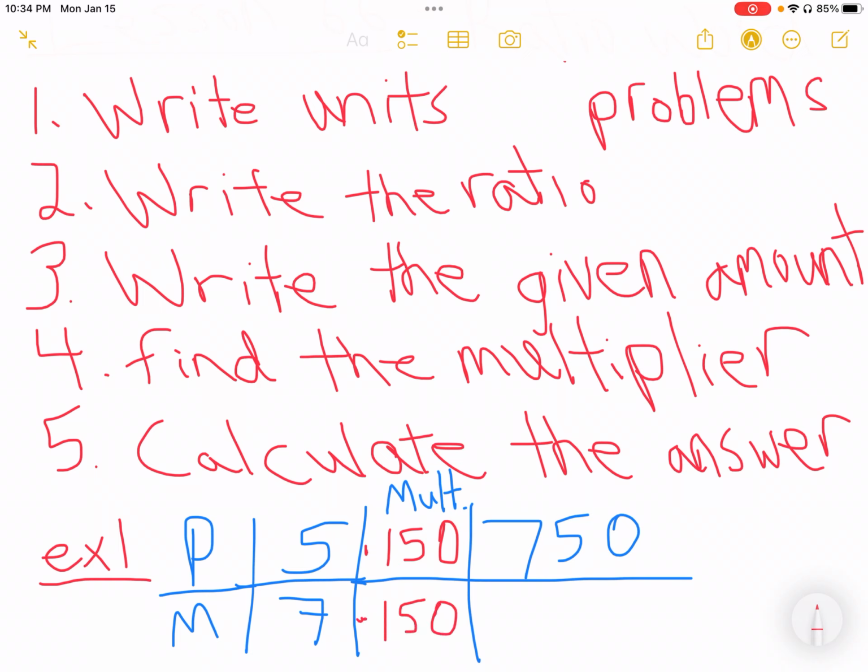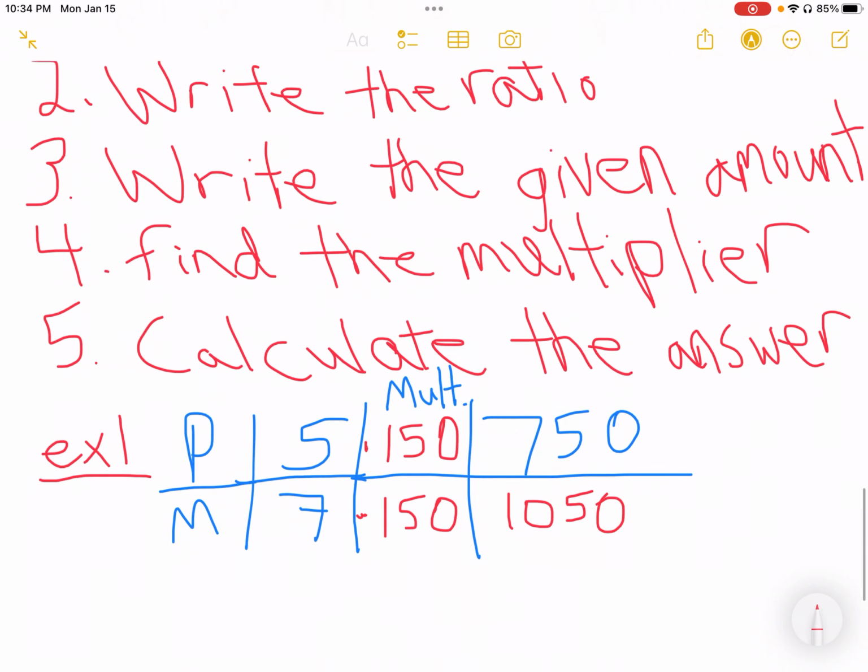So I'm doing 7 times 150, and I get 1,050. So that would be my answer, because that's how many macaws I would have if I had 750 parrots and the ratio is the same.